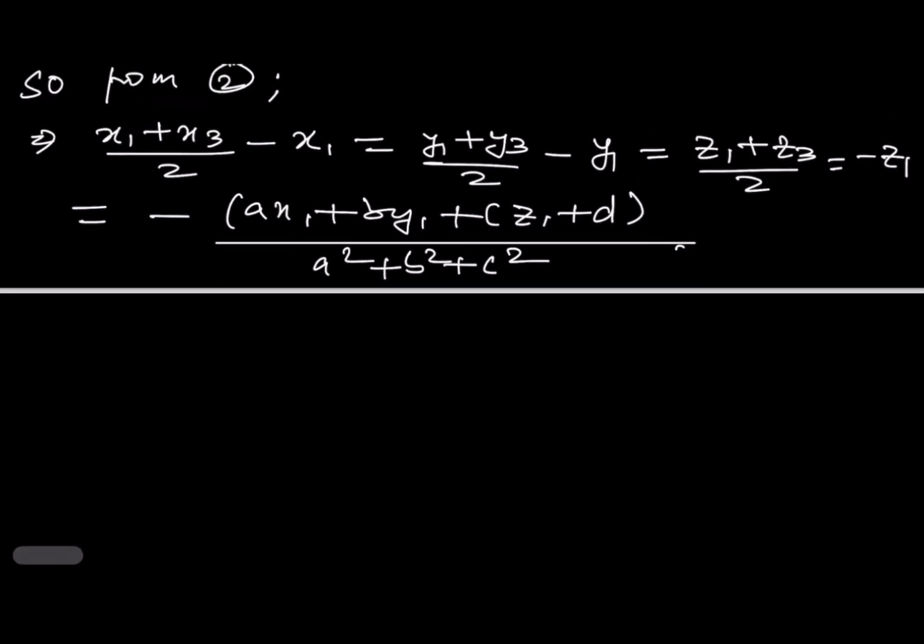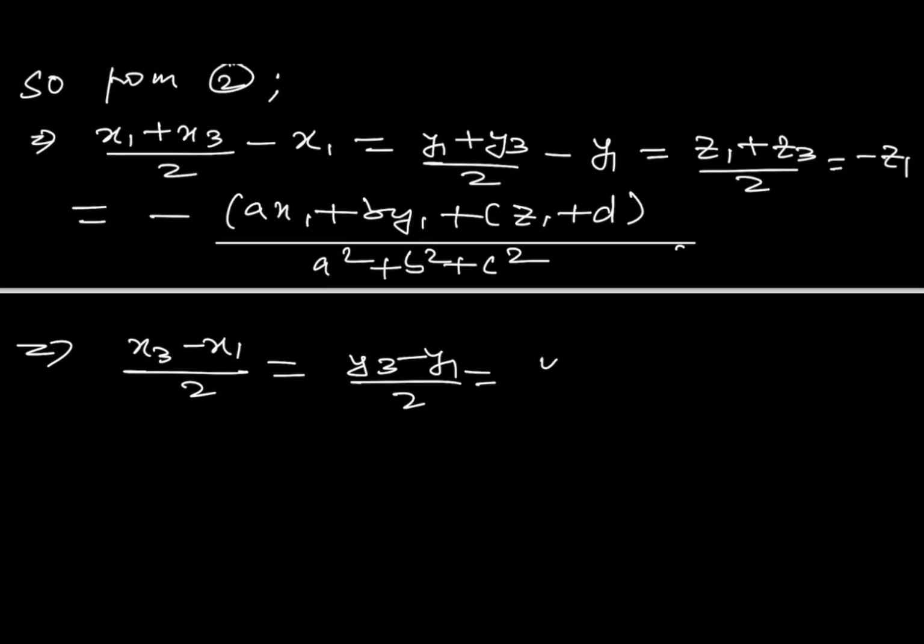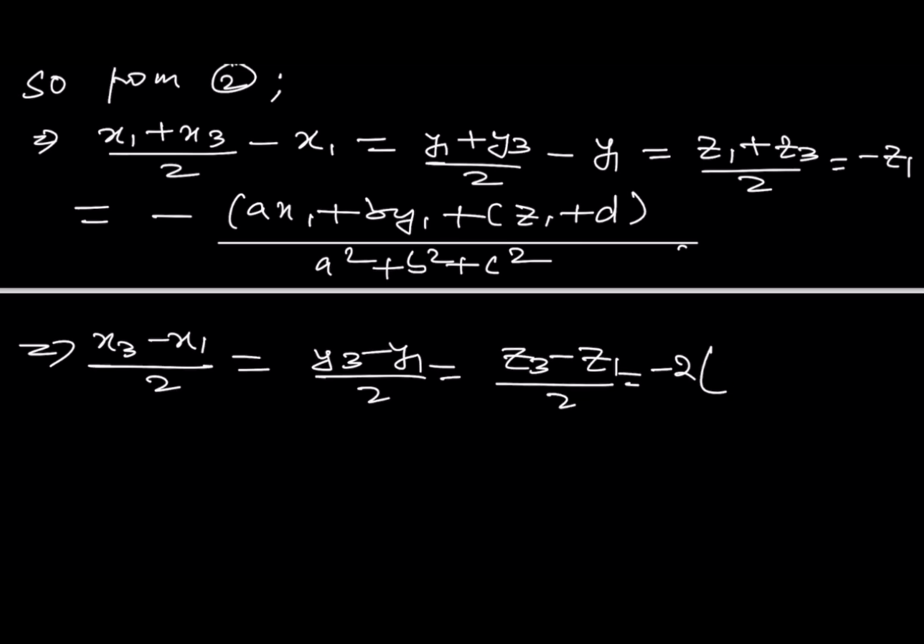So it becomes (x3 minus x1) by 2 is equal to (y3 minus y1) by 2 is equal to (z3 minus z1) by 2 is equal to minus 2 times (ax1 plus by1 plus cz1 plus d).